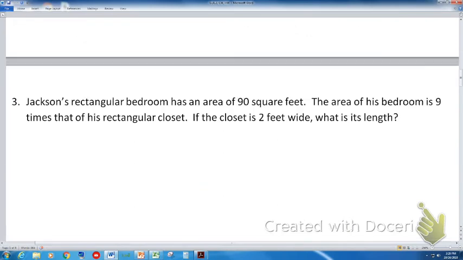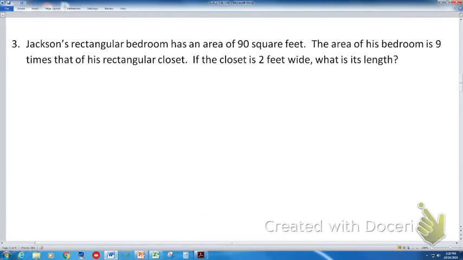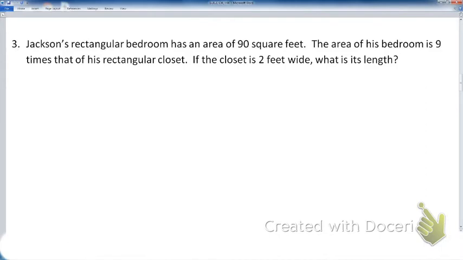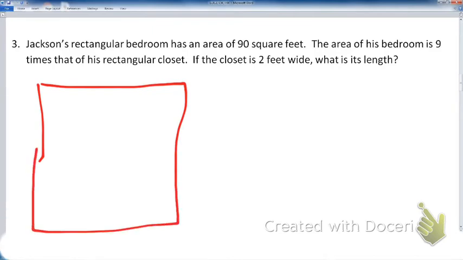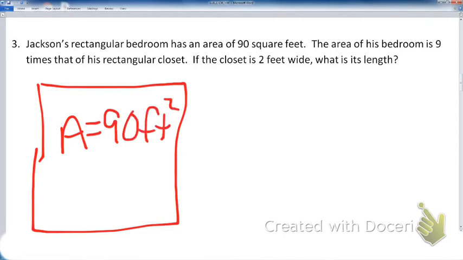Number 3 reads, Jackson's rectangular bedroom has an area of 90 square feet. So let's go ahead and draw Jackson's bedroom, and this area equals 90 square feet.